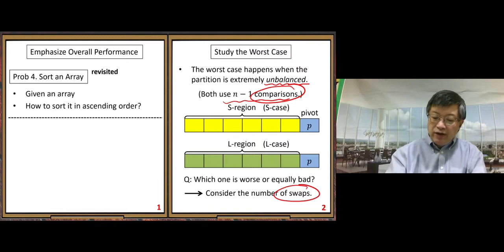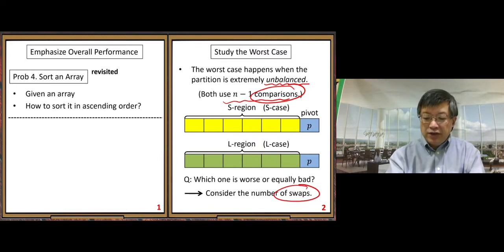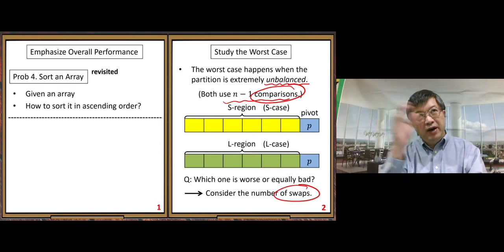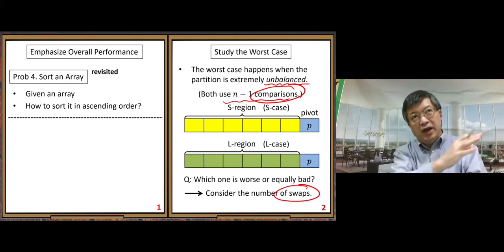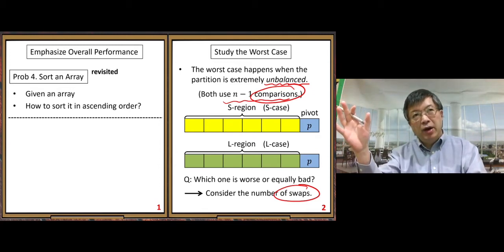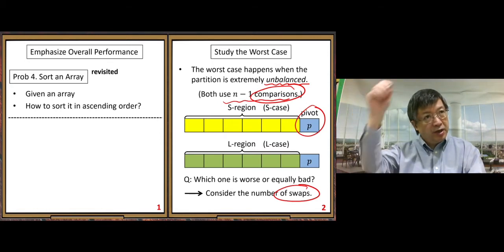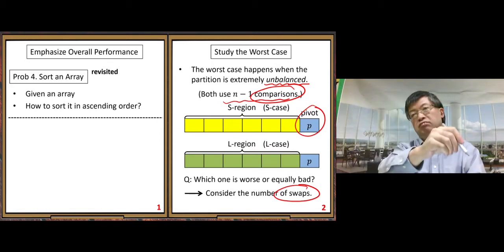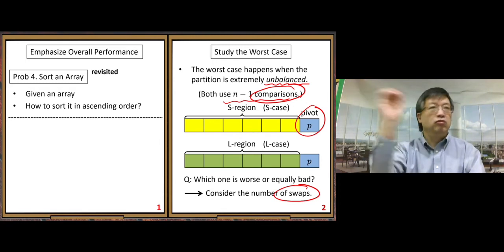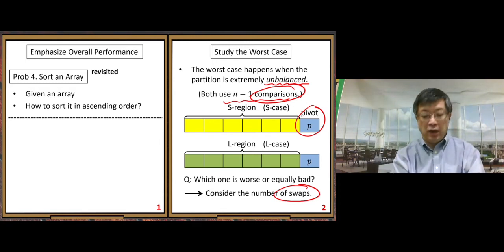For example, for the first one, S case, after you finish all n-1 comparisons, this pivot element P is already in place, right? Its current location is the right location when the whole array is sorted. But for the L case, not in place.